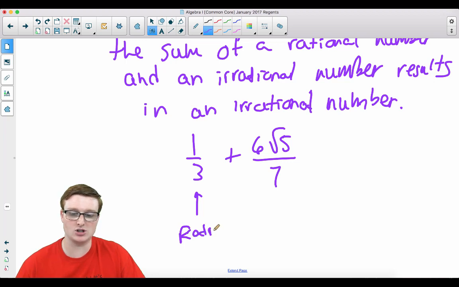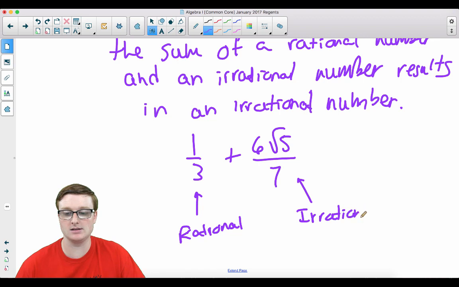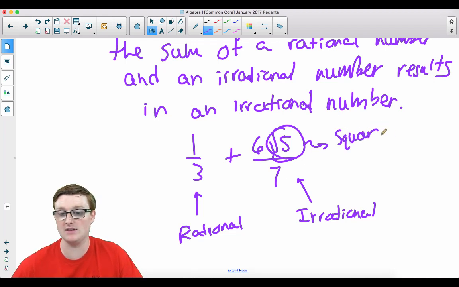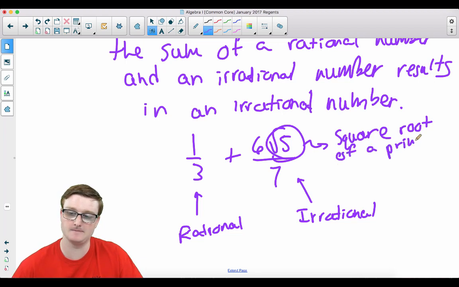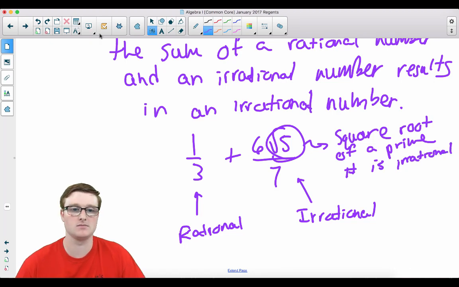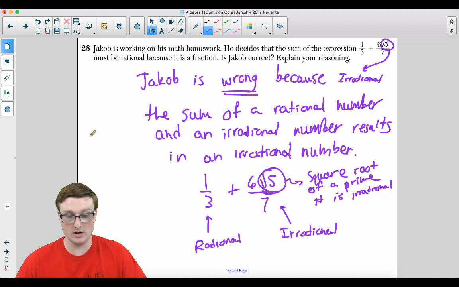Yeah, 1/3 is rational, but this is irrational because of that radical 5. All right, because the square root of a prime number is irrational. So you can write that down. The square root of a prime number is irrational in this case.